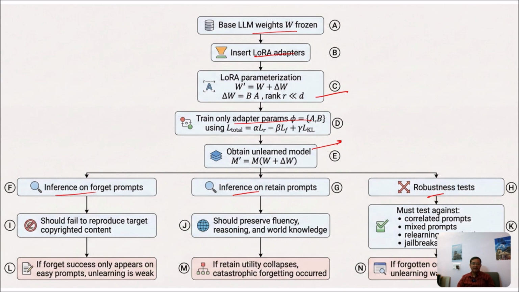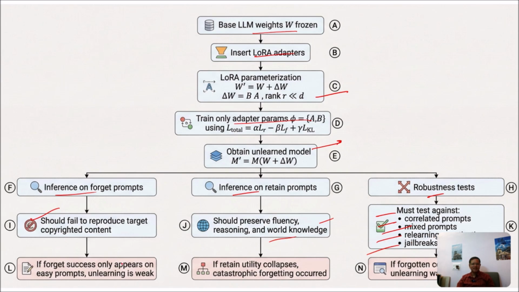On the forget prompts, it should fail to reproduce the target copyrighted content. So this check should be passed. The second is inference on retain prompts. It should preserve the fluency and knowledge that is required. And third is the robustness test. It must be tested against correlated prompts, mixed prompts, jailbreaks, etc.